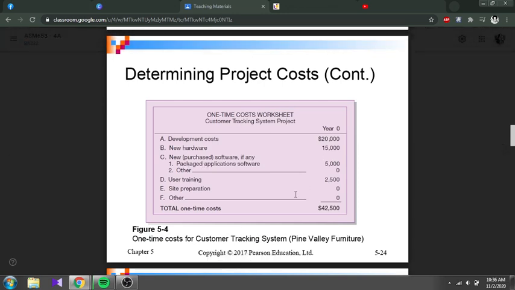Okay, this is the one-time cost of this customer tracking system, costing Pine Valley Furniture about 42,500. The new hardware, maybe they buy a PC or printers.